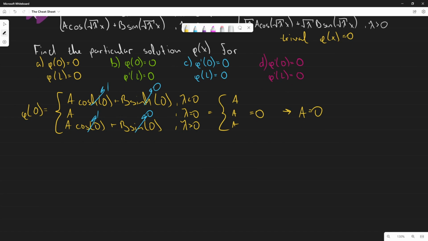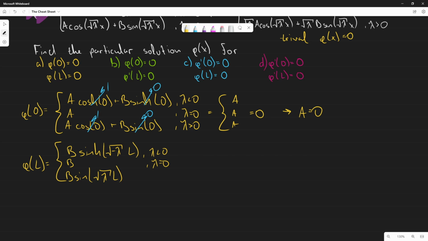So for this case now, when x is equal to L, where L is just any arbitrary value, we will get b hyperbolic sine of the square root of negative lambda times L. This would just be b, and this would be b sine of the square root of lambda times L. Again, this is for negative, this one's 0, and this one is greater than 0.